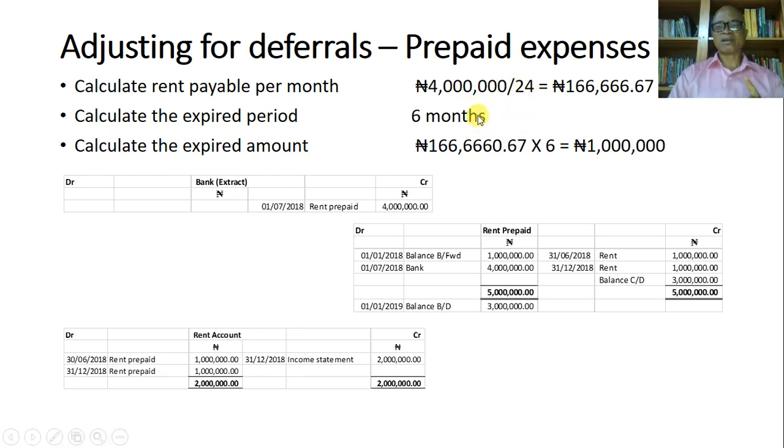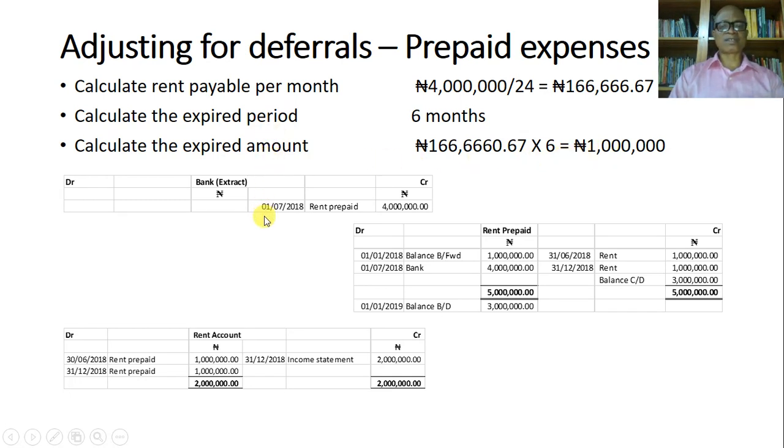Remember, it was paid on the first day of July 2018, so we have 6 months as the expired period. So calculate the expired amount: 166,666 naira, 67 kobo multiplied by 6, and that will give you approximately 1 million naira. Now let's look at the accounts.